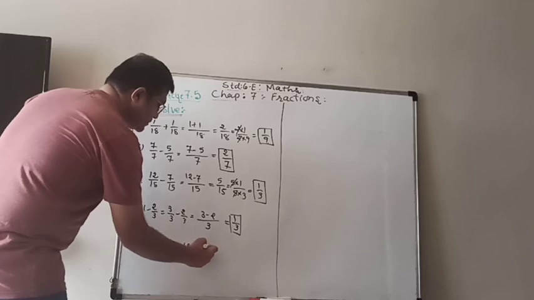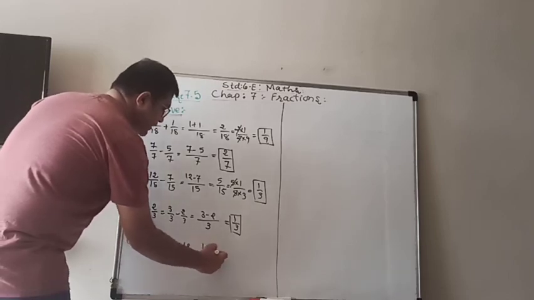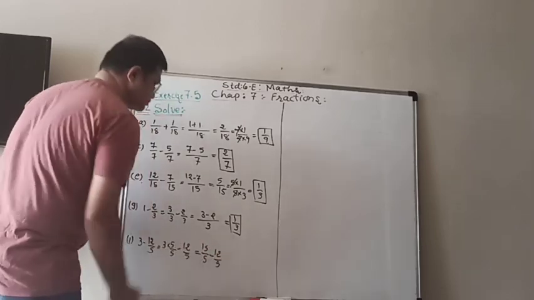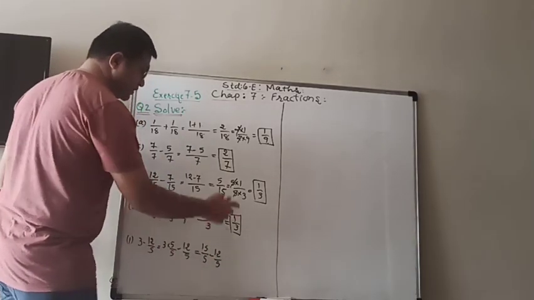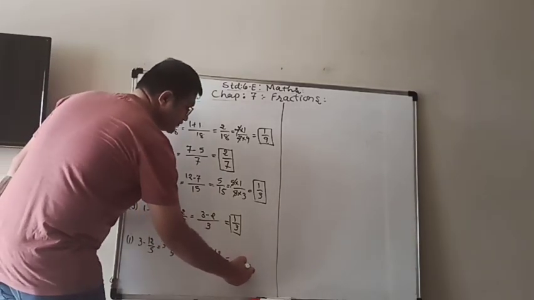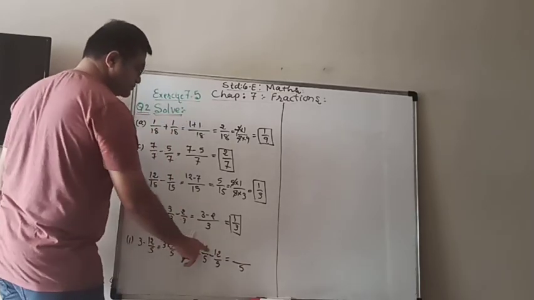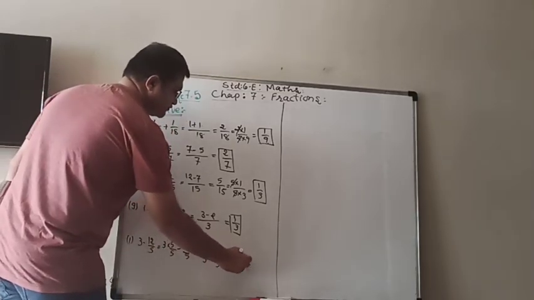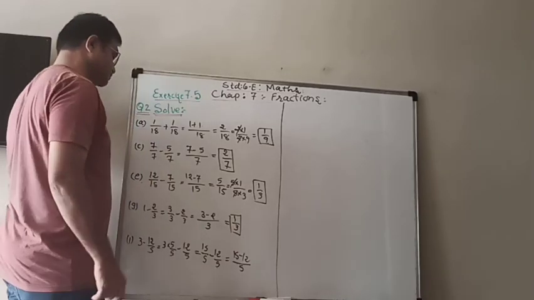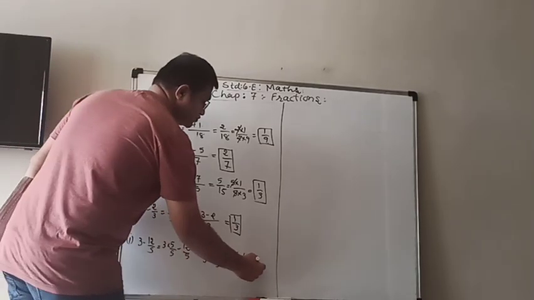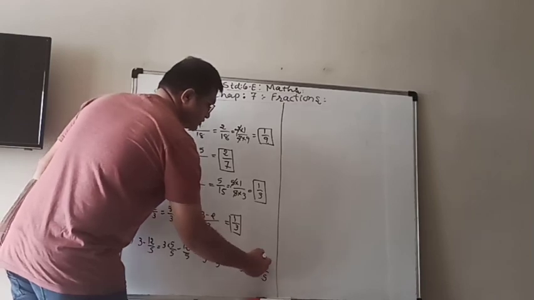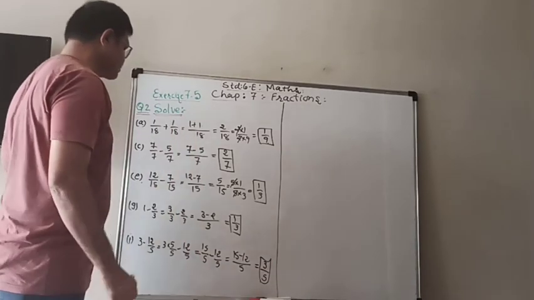So 3 fives are 15 upon 5 minus 12 upon 5. So now they are like fractions. So now it is easier. So it is 5 in the denominator and subtraction 15 minus 12 in the numerator. 15 minus 12 is 3. So your answer is 3 upon 5.